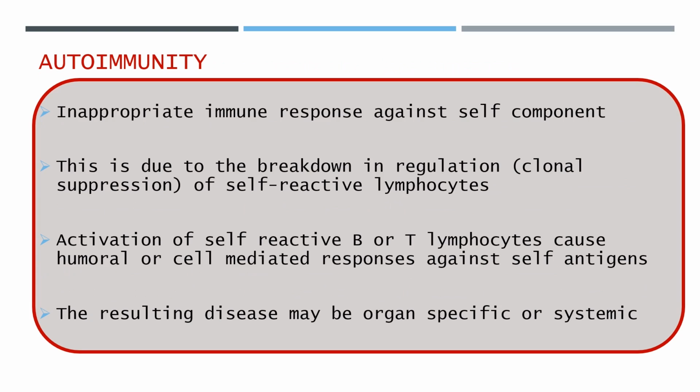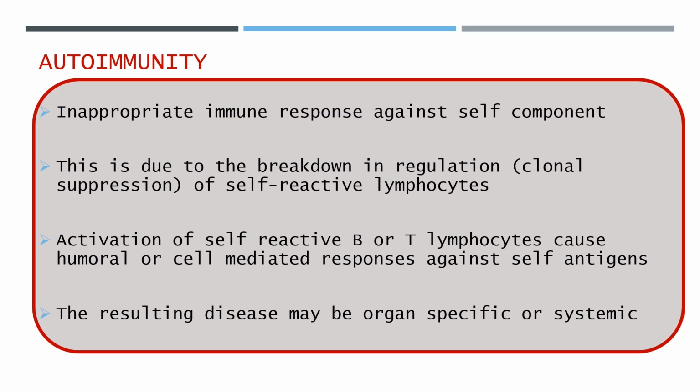The other type of immune disorder that we want to talk about is autoimmunity. As the name suggests, autoimmunity is an inappropriate immune response against self components. Usually after conception, when the fetus begins to generate cells within the body, the naive T cells are exposed to the normal self components of the body, and they are able to recognize them.